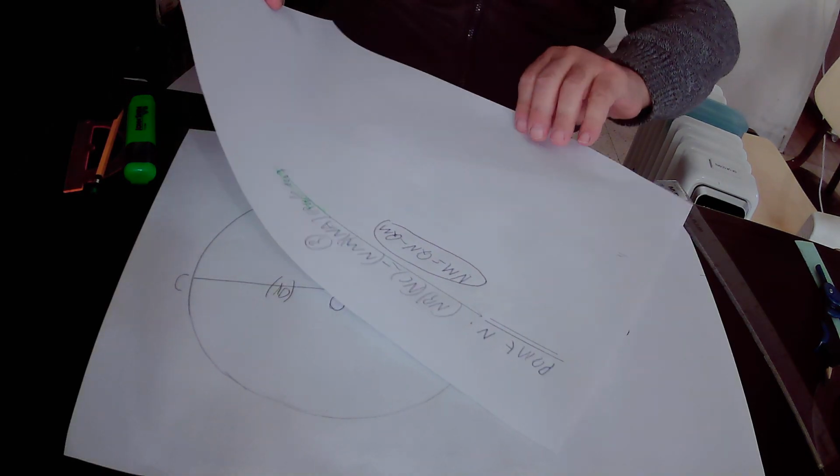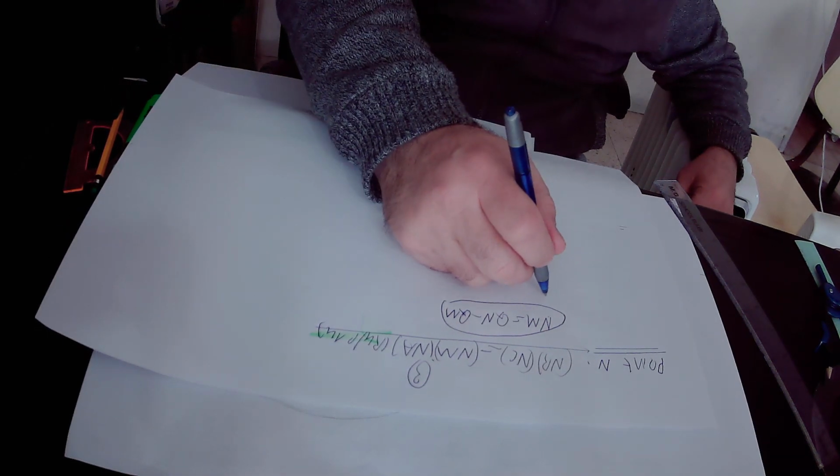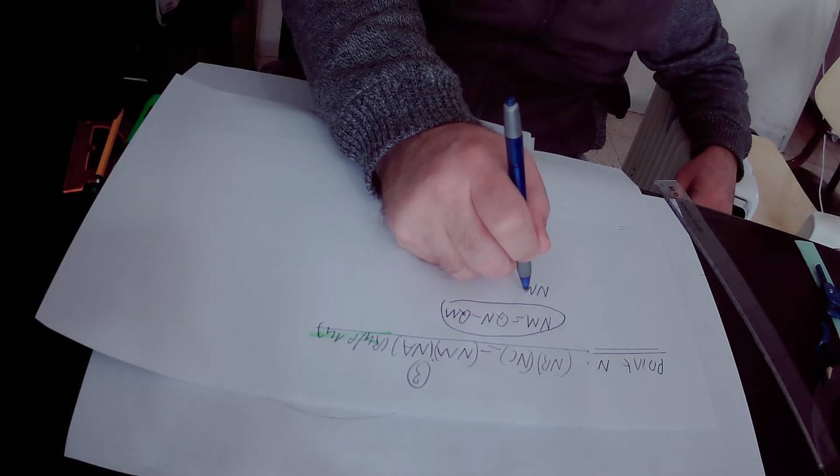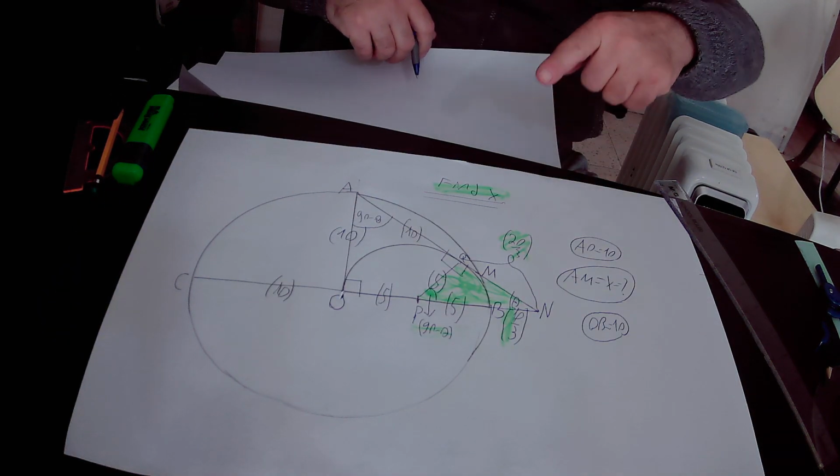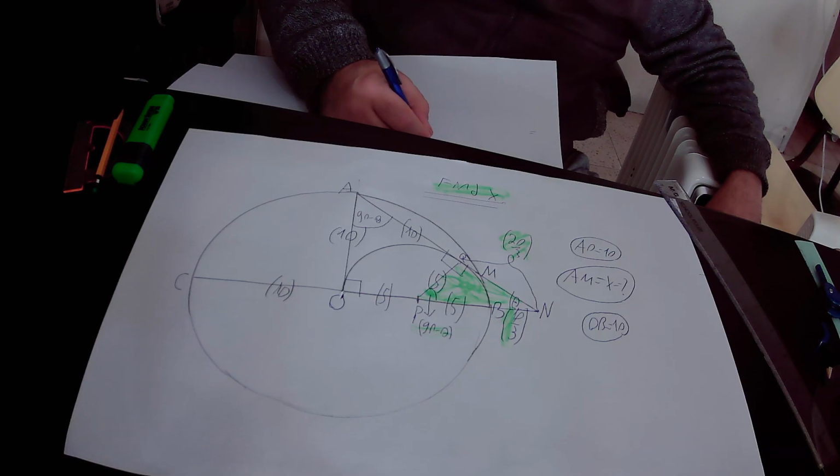So NM equals QN, QN is 20 over 3, minus QM.